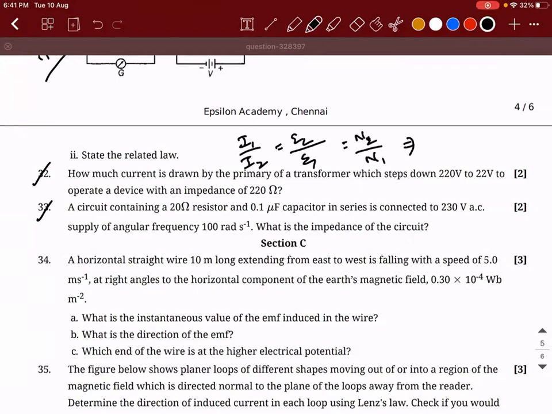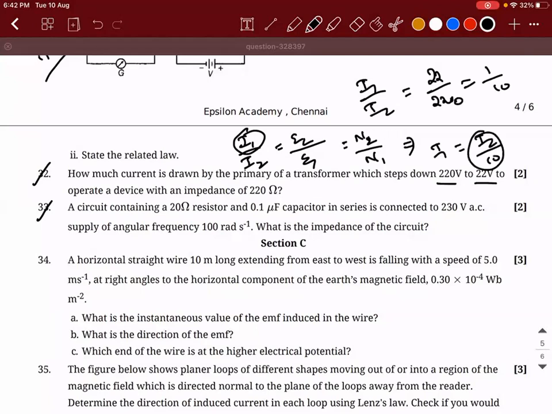The transformer steps down 220 to 22, so I1 by I2 will be equal to 22 by 220, that is 1 by 10. So I1 is equal to I2 divided by 10.